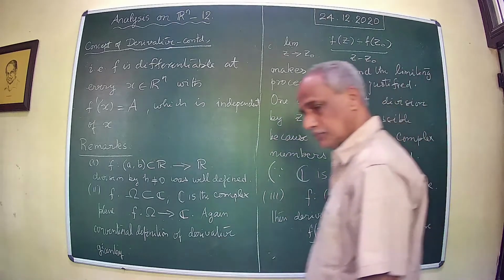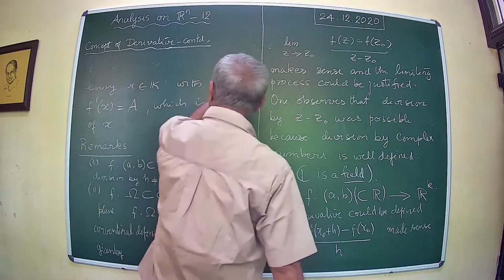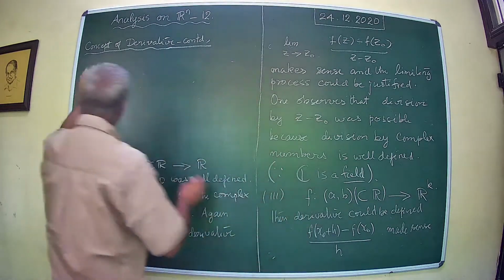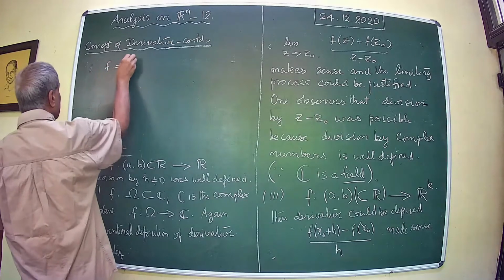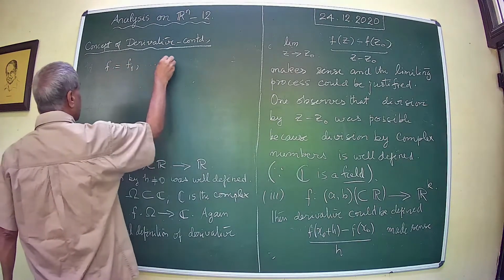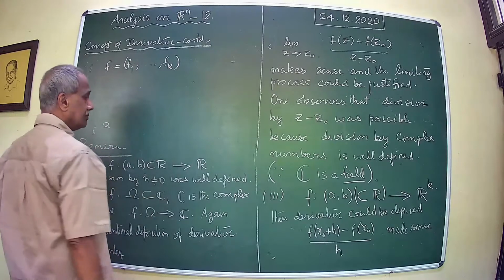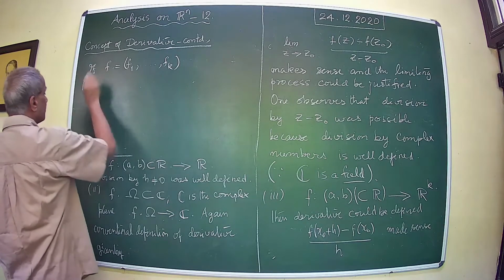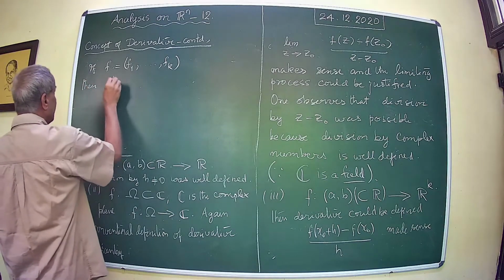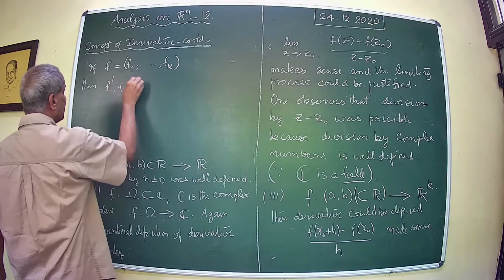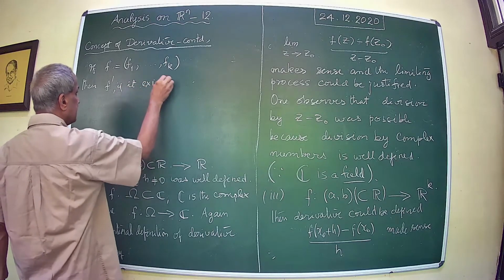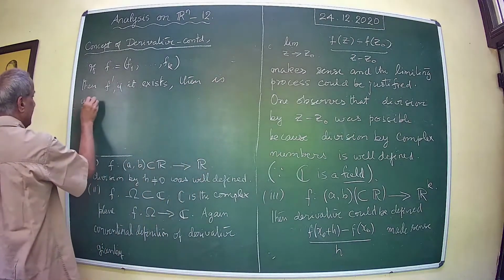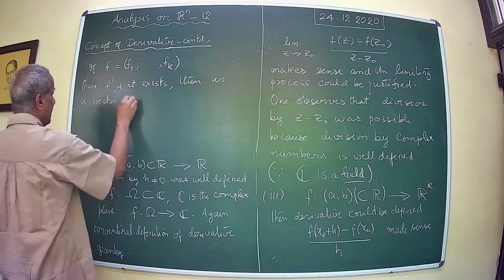So if the derivative existed, and if f is given by its components f1 to fk, then the derivative, if it exists, is a vector defined componentwise.